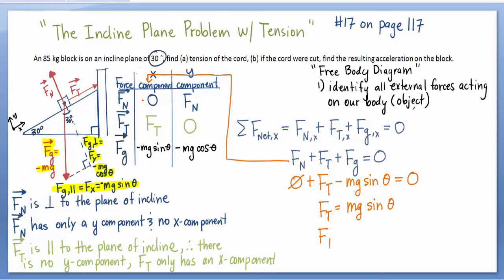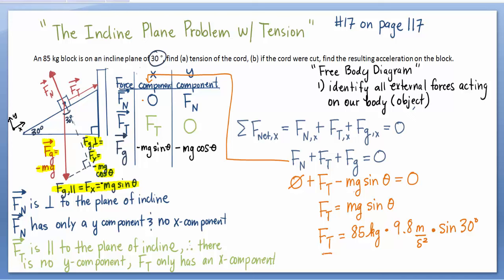T is equal to our 85 kilograms times 9.8 meters per second squared times the sine of our angle of incline, 30 degrees.